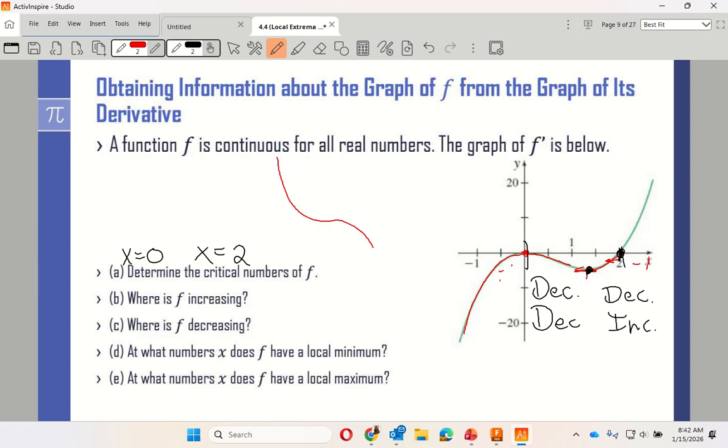Derivative equal to 0. That's key, especially trying to identify where these are at. Wait, but I thought, is 0 still a critical number because it's not a min or a max? It just starts off as a critical number, but it's actually not going to be a min or max, but it still counts as a critical number, even though it's not going to end up being one of our things.